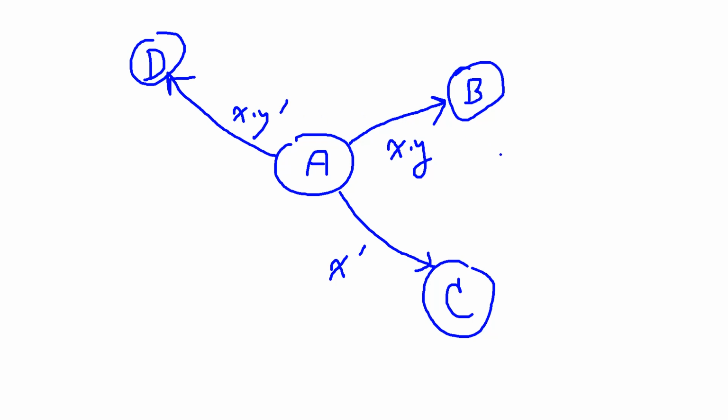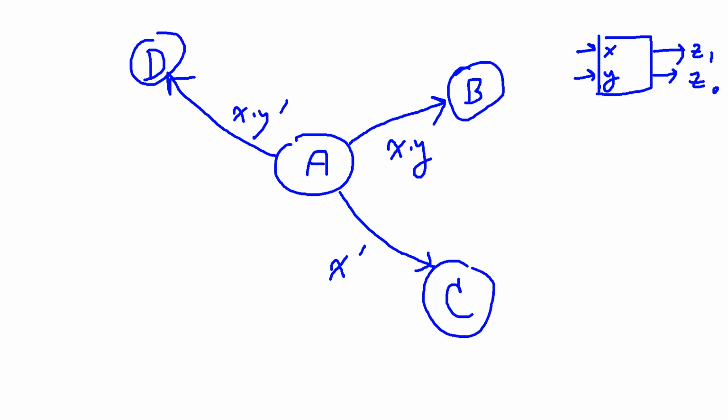Now let's check the condition when we apply input to the state machine. Assume this state machine has two inputs and maybe some outputs, Z1, Z0, something like that.